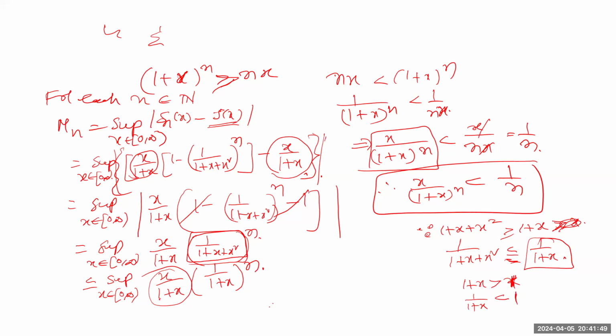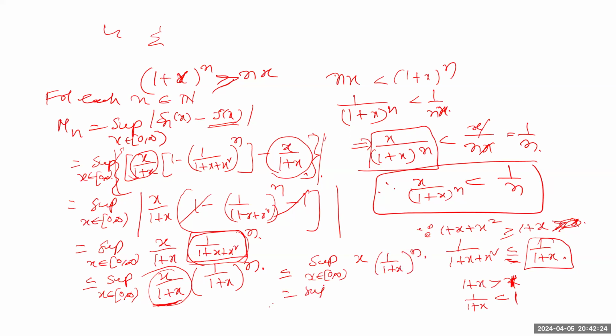So I try to remove the denominator 1 plus x also, and that is less than or equal to the supremum of x belongs to 0, comma infinity, where I can remove x over 1 plus x, of 1 over 1 plus x to the power of n.